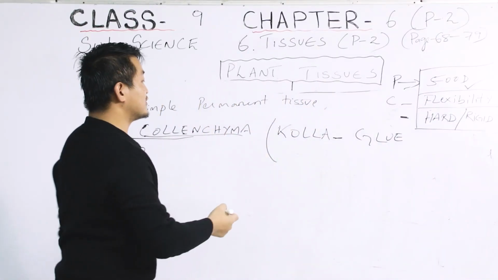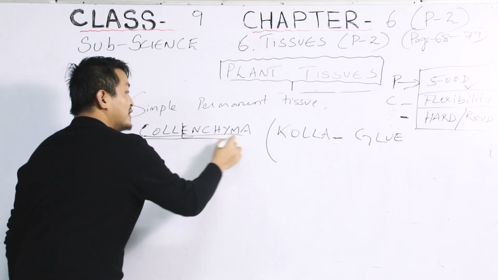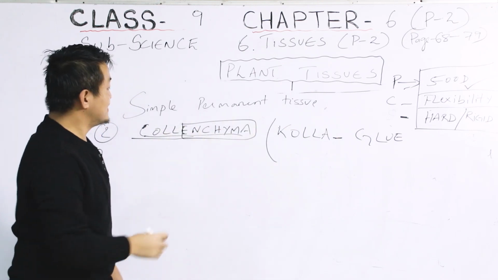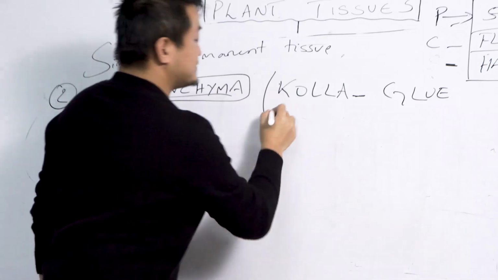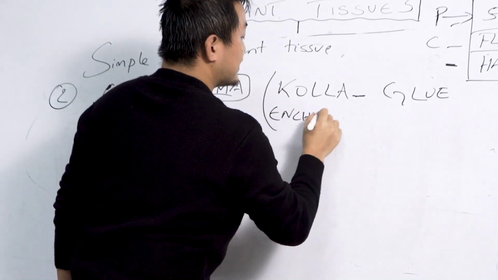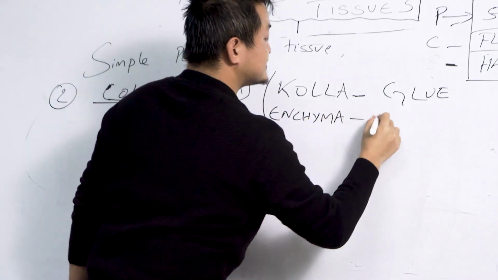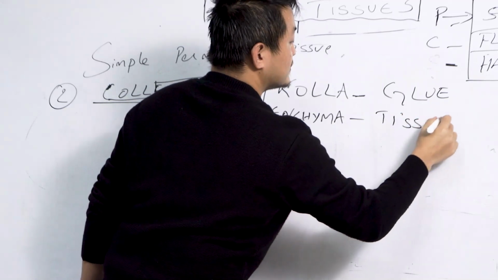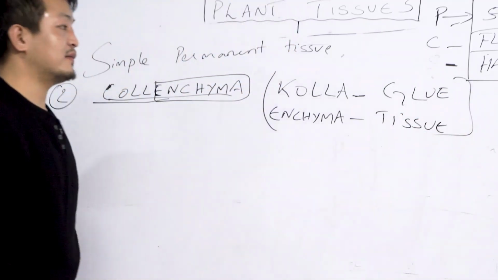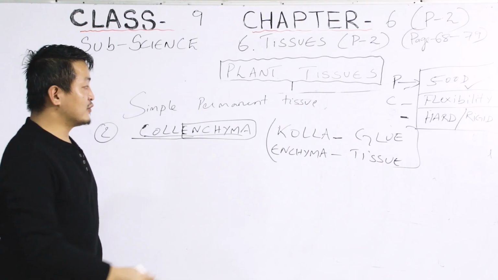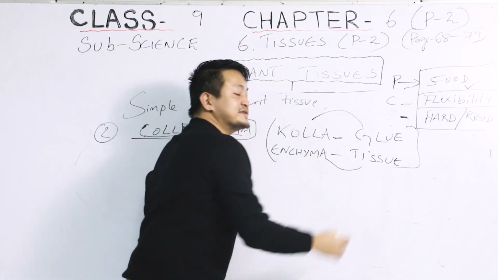Enchyma, I have already explained in the last class, means tissue. So the meaning of collenchyma would be glue tissue. Cola means glue, enchyma means tissue.